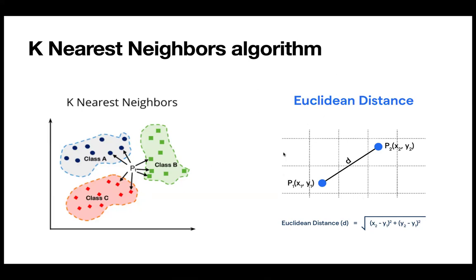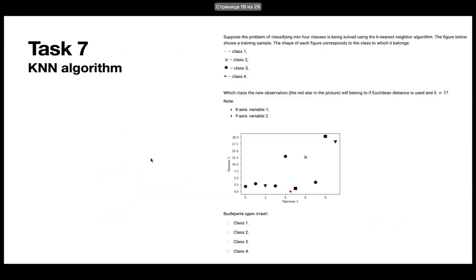Let's take a look now at the second picture, and we can basically say that Euclidean distance is just the distance between any 2 points, and you have the formula here, but I guess you don't need it for the task. So let's take a look at the task again, and we should find which class our red star belongs to.